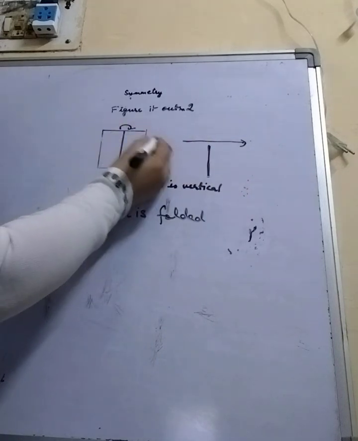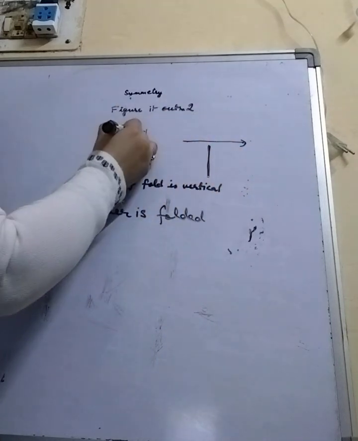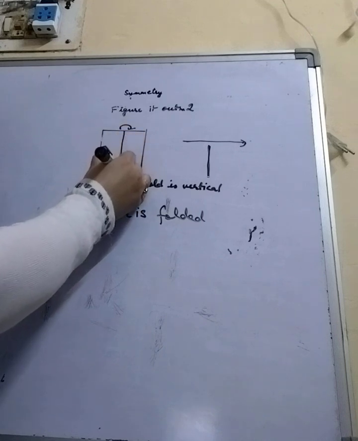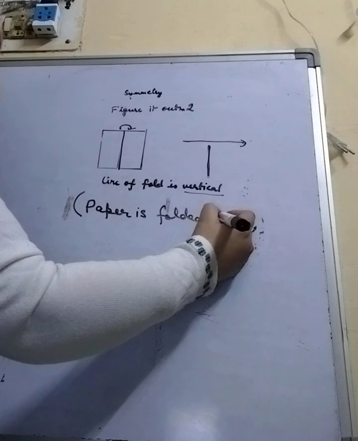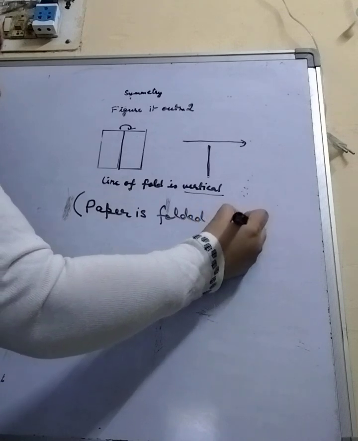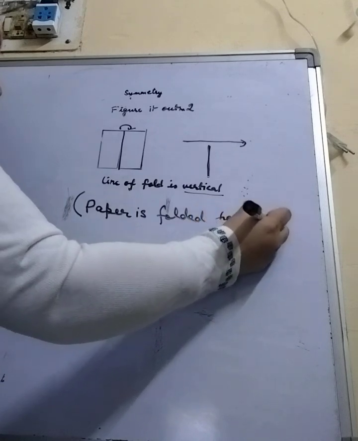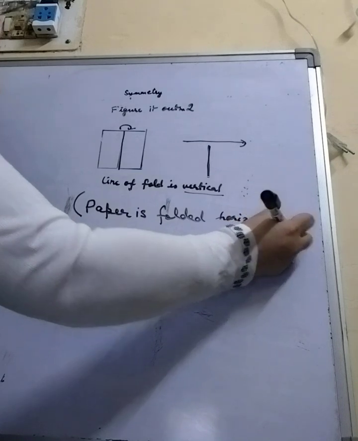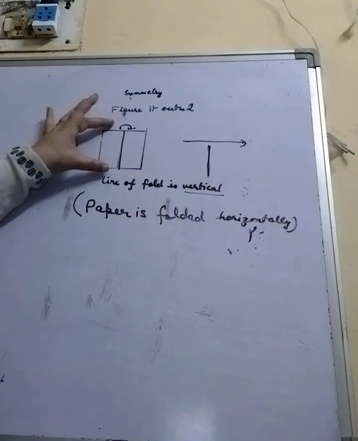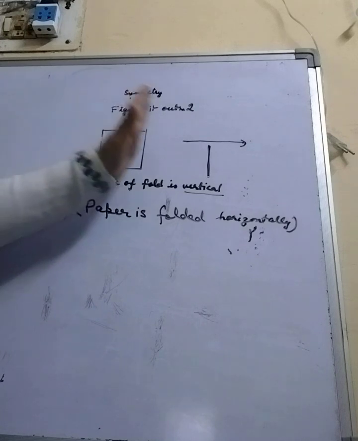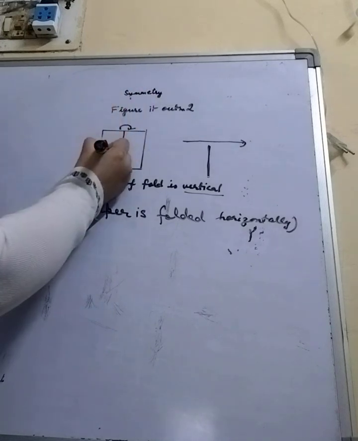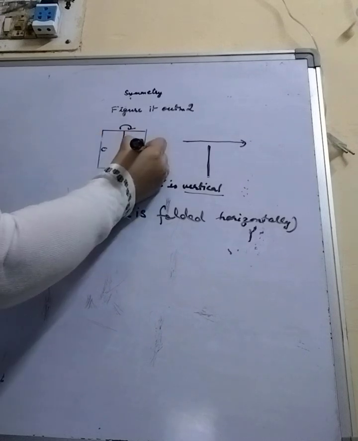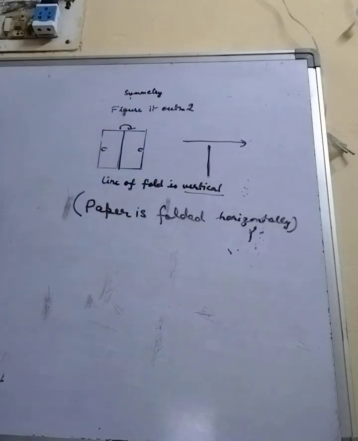So the paper is folded along the sitting line, but the line of fold is the vertical line. So this is the difference. If it is asked what the line of fold is, you would say that it is vertical, and the punching circles are here. Now we look at the other figure.